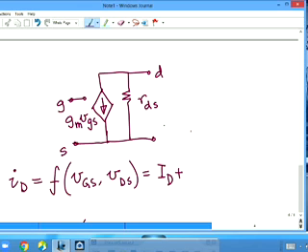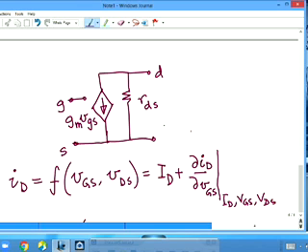The DC operating point plus the slope, but it's a two variable function, so you need one more.